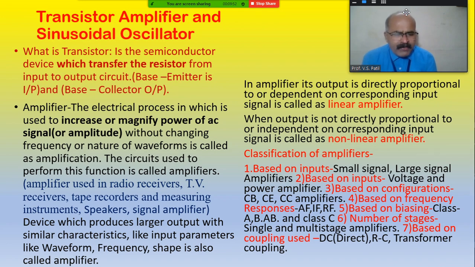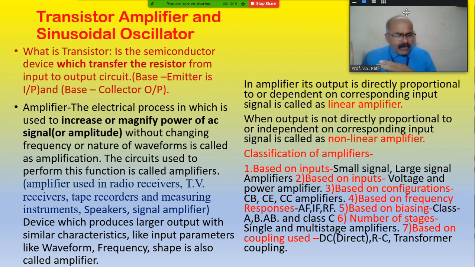There are different classifications, different kinds of the transistor amplifier, based on the input type, that is voltage, based on configuration, based on frequency, based on biasing, and number of stages, that is single stage, two stage, three stage, or multi stage.